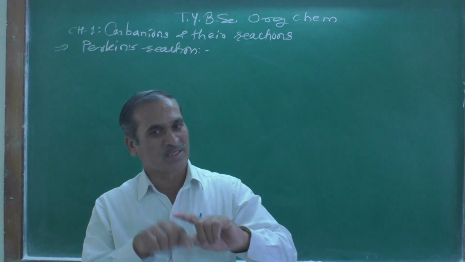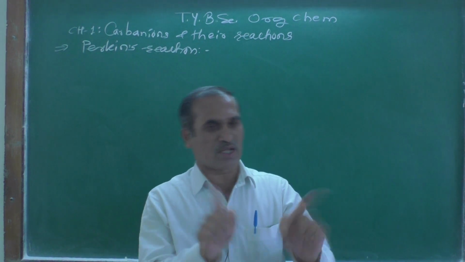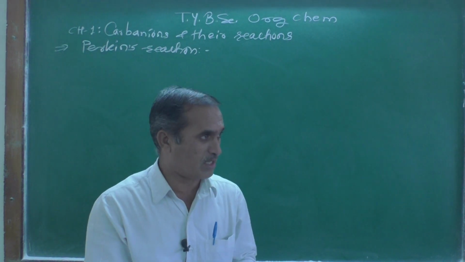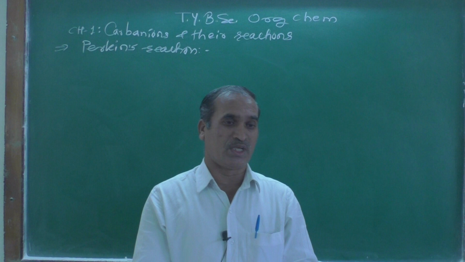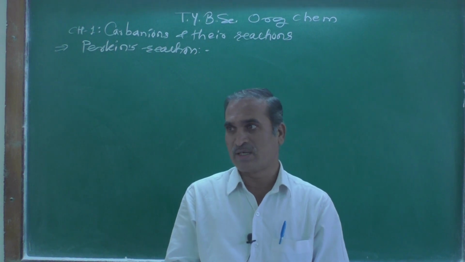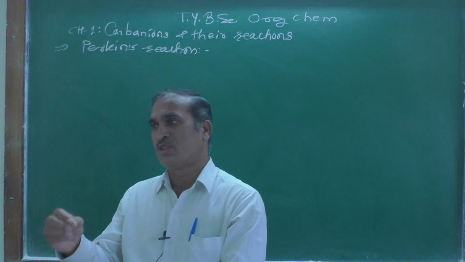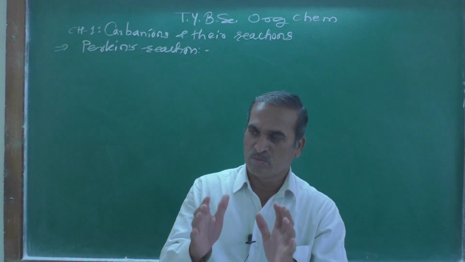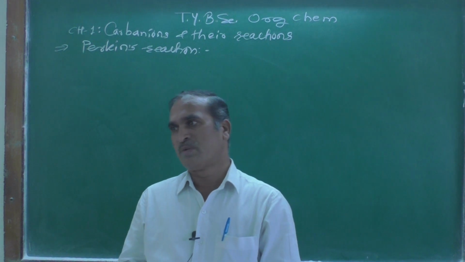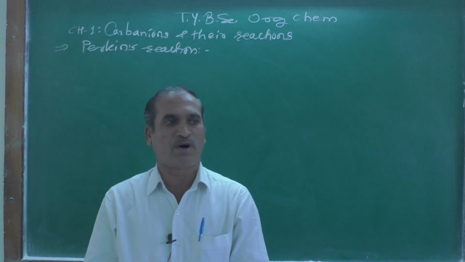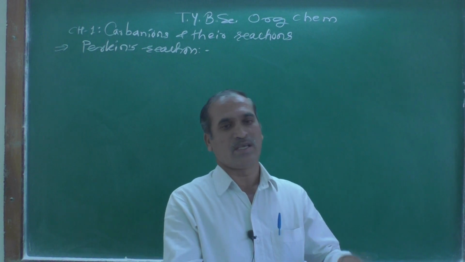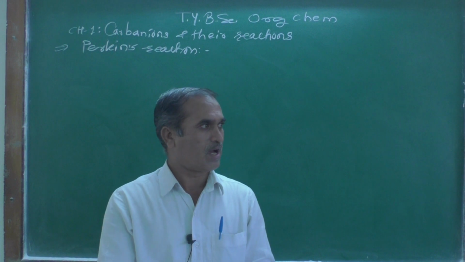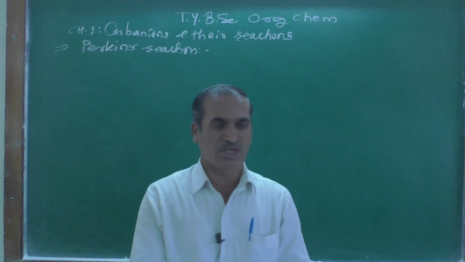Remember, the name Dieckmann cyclization itself suggests that cyclization means there is a formation of a cyclic beta keto ester. As we know, these are synthetically very important, because most organic compounds are present in cyclic form, and therefore these kinds of reactions are highly important from a synthetic point of view.